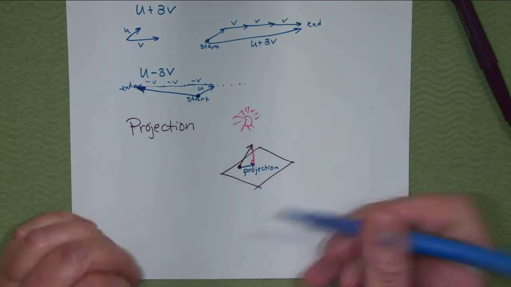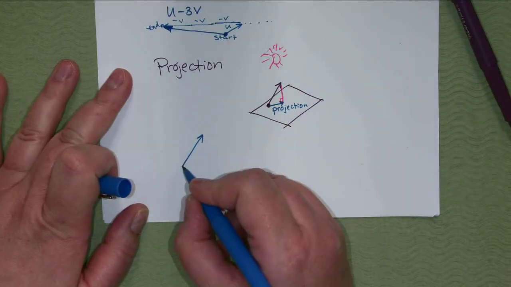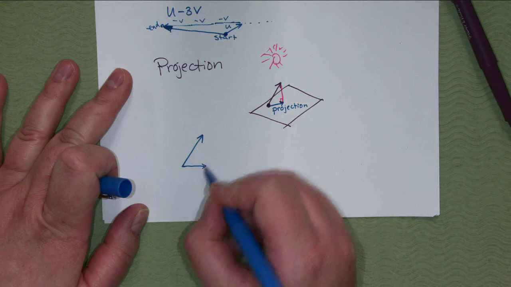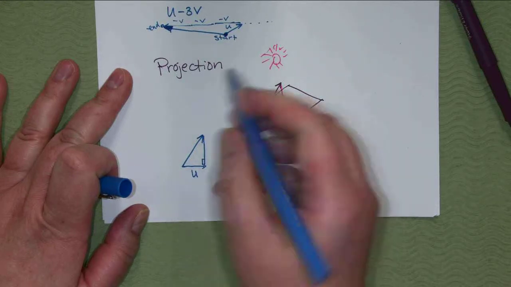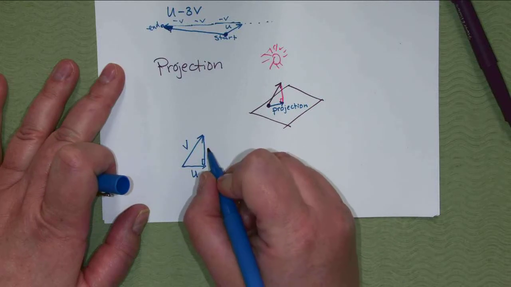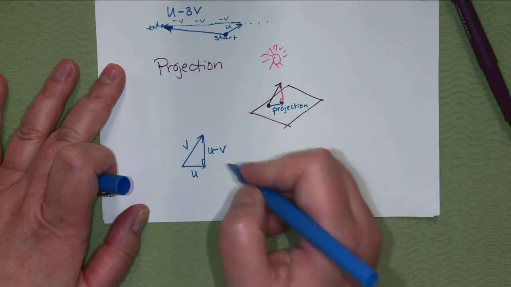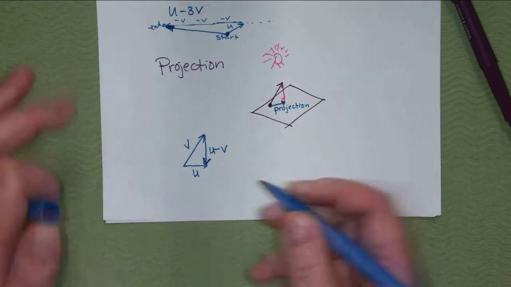So if we had, for example, let's just draw that right here. So let's call this U, and this V. And if this is U minus V, it points in the direction of U, that way, if we want it. Okay. Right.